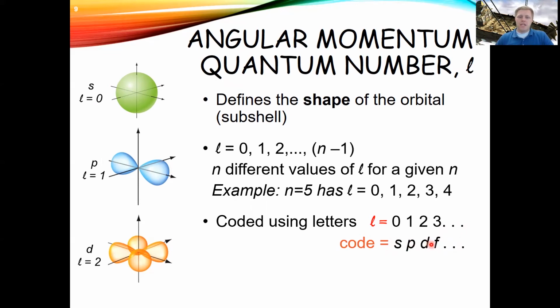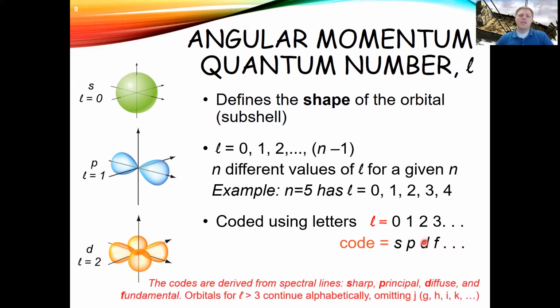So this SPDF nomenclature actually comes from when scientists were initially describing spectral lines, and they would describe them as sharp, principal, diffuse, and fundamental. And now those have been associated with individual orbital types.